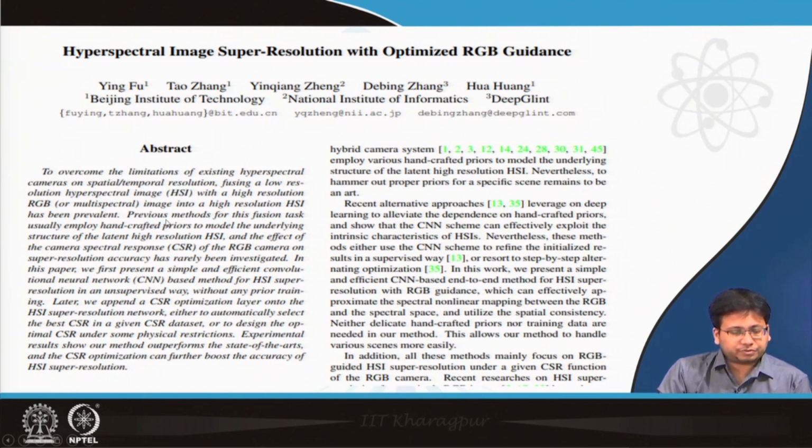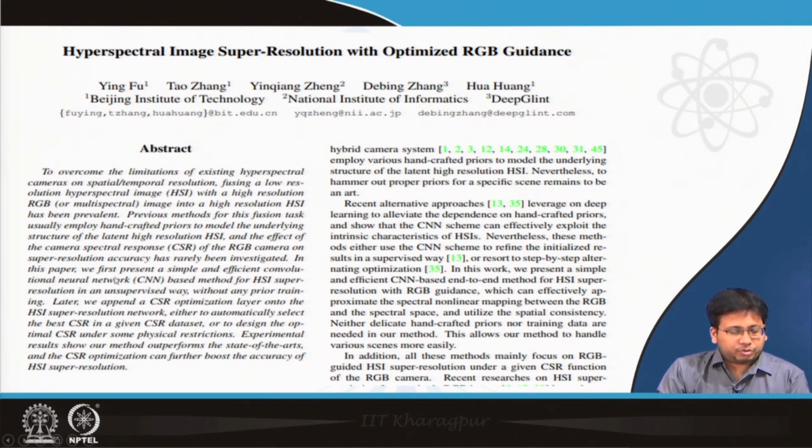Previous methods for this fusion task usually employ handcrafted priors to model the underlying structure of the latent high resolution HSI, and the effect of camera spectral response of the RGB camera on super resolution accuracy has rarely been investigated.